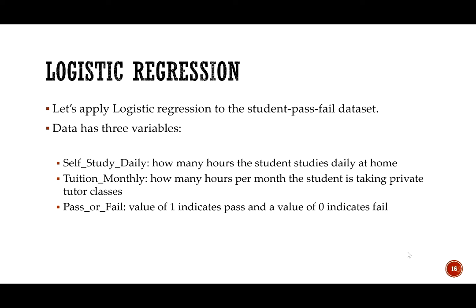The other variable is tuition monthly, which shows how many hours per month the student is taking private tutor classes. And the last variable, which is a target variable, pass or fail, indicates pass, so it's equal to 1, or fail, and it's equal to 0. So the target variable is a binary one.